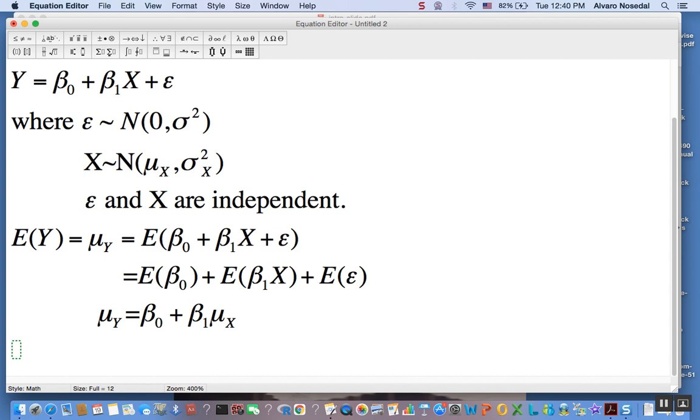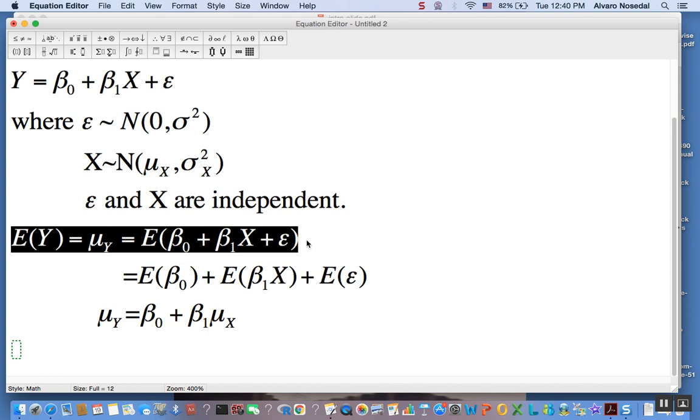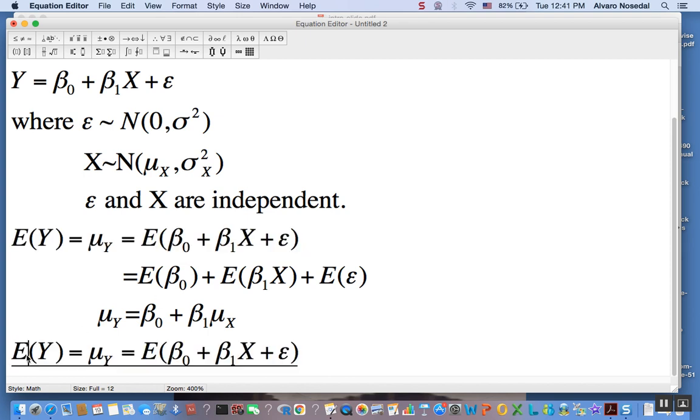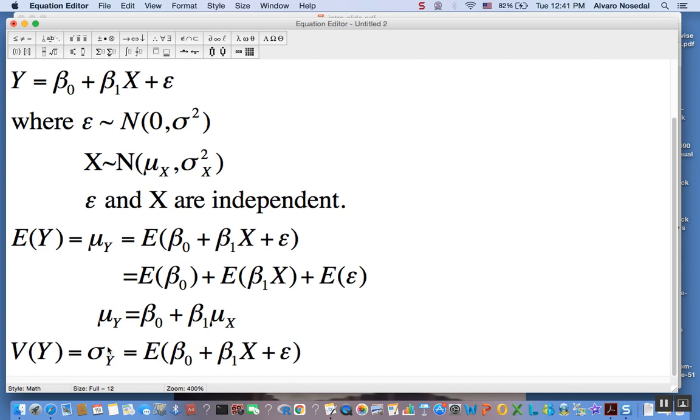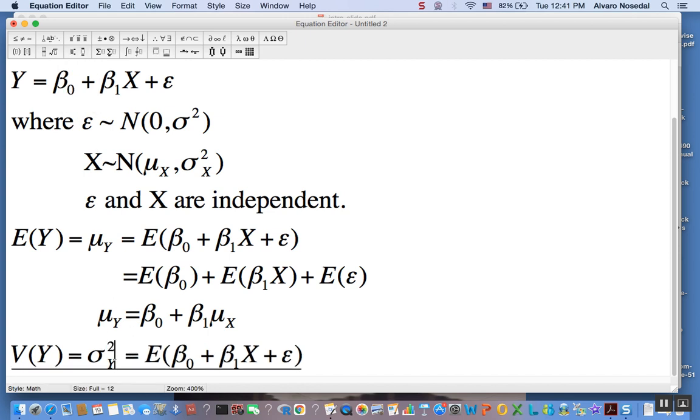Now let's find the variance. Instead of expected value, we have variance, and just like in the case of x, let me use the sigma notation for the variance of y. So it would be sigma sub y square.